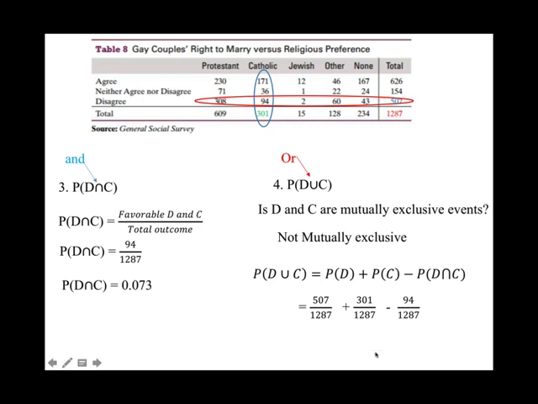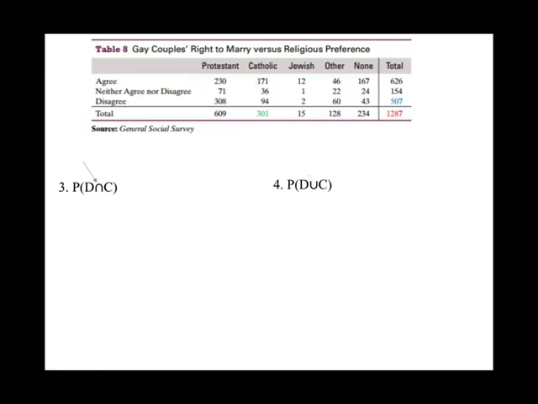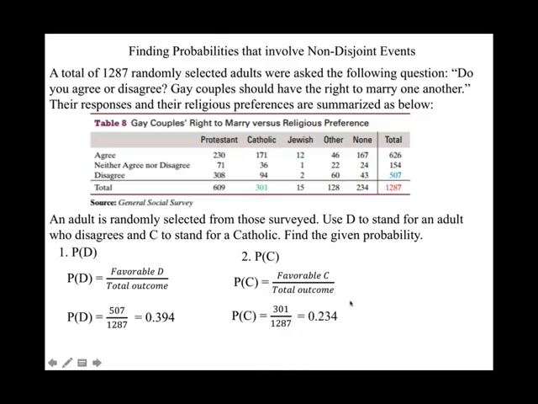Same idea with this one. You don't have to write this formula, but I need to see what probability you are looking for, your work, and the final answer. I'm going to specify how many decimal places I'm looking for on each question.